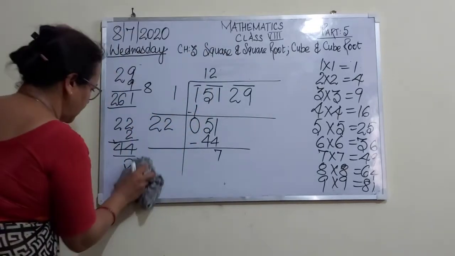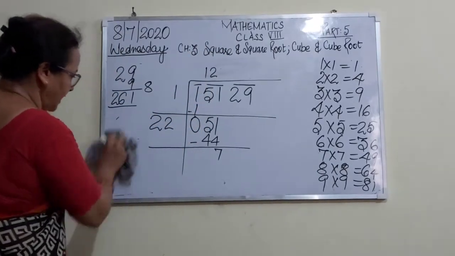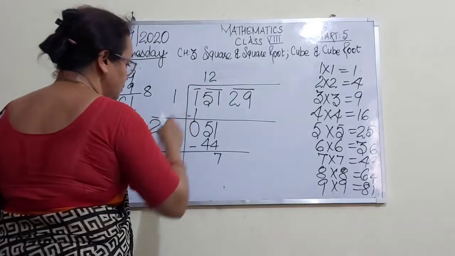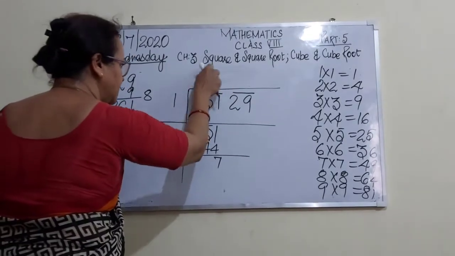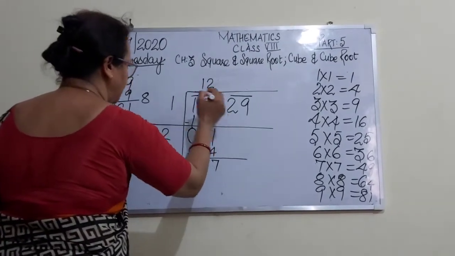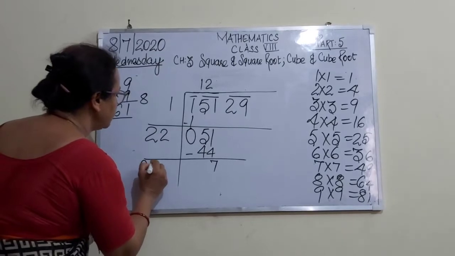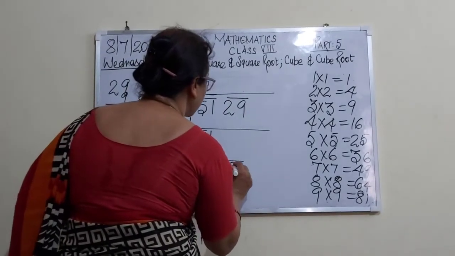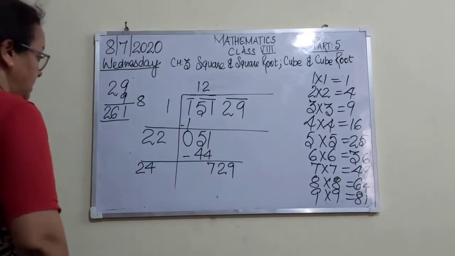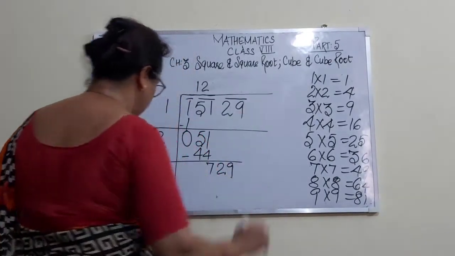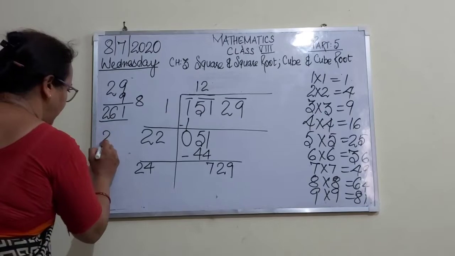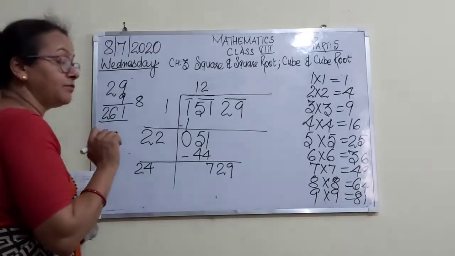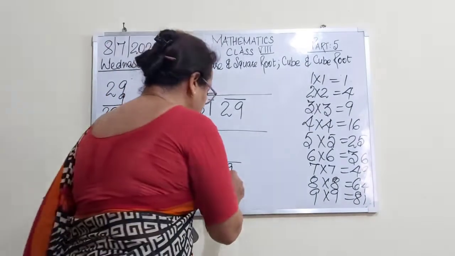Now, what will it be? Twice of whatever number is here: 12 twos are 24. And what do we have to note down? The complete pair, 29. Now its unit place is 9. With 24, what do we have to put so that we can get the unit place as 9?